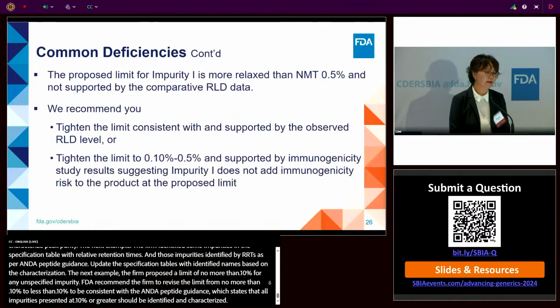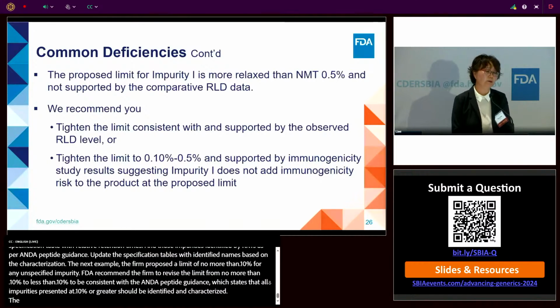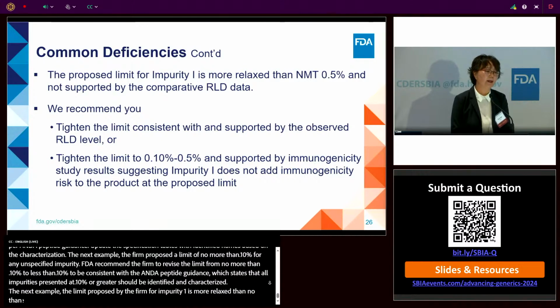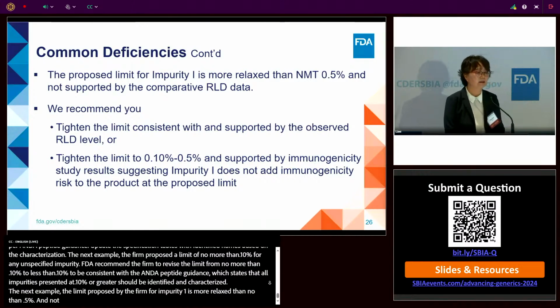The next example, the limit proposed by the firm for impurity 1 is more relaxed than no more than 0.5% and not supported by the comparative RLD data.